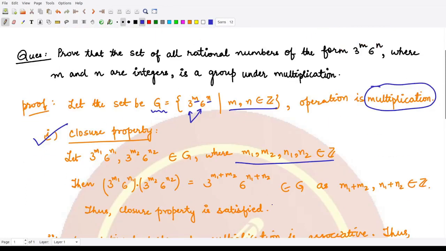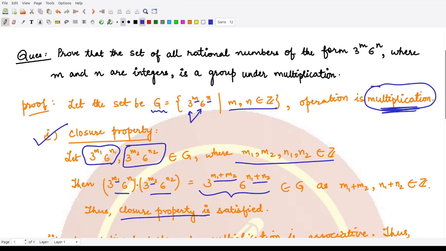If we multiply these elements together, because multiplication is the given operation, by the law of exponents the powers m1 and m2 add up together, and n1 and n2 add up together. Because if you add any two integers, it would again be an integer, hence we have this element a member of G again. And this is true for all the elements because we have taken two arbitrary members of G. Hence closure property is satisfied in this case.